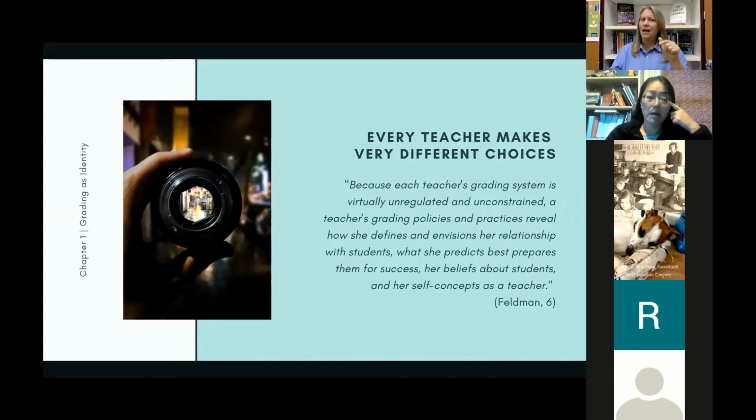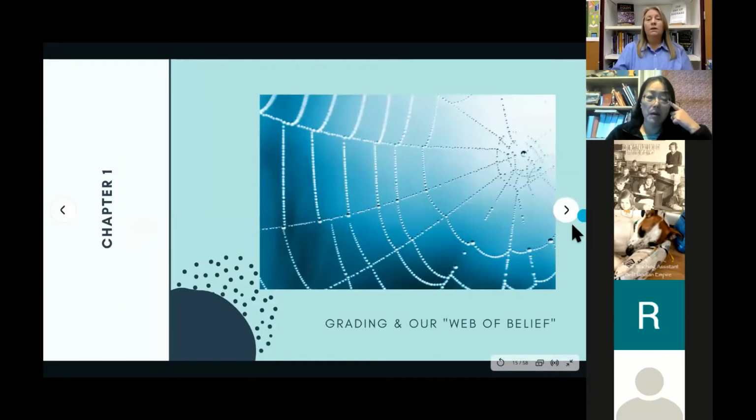And I would add also to this that our grading practices are part of our beliefs about learning and how we believe students learn. So this idea of grading, he says, is connected to this thing called the web of belief.